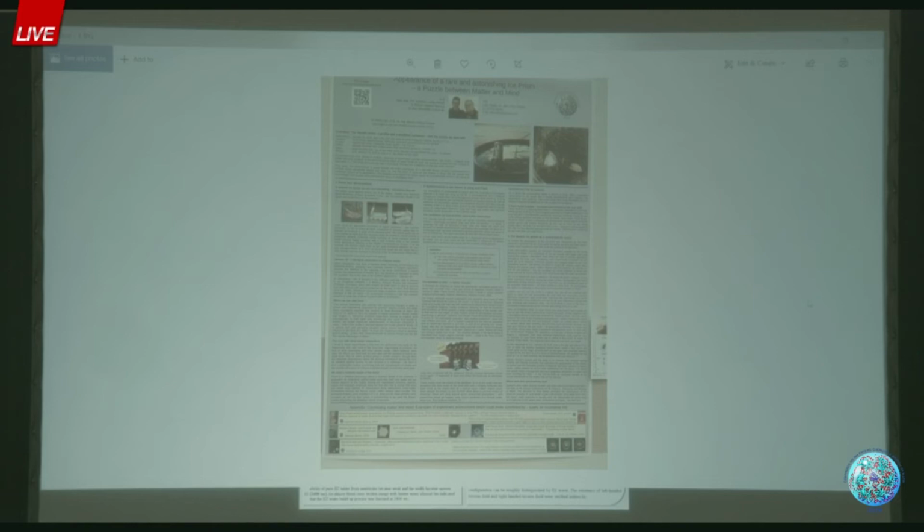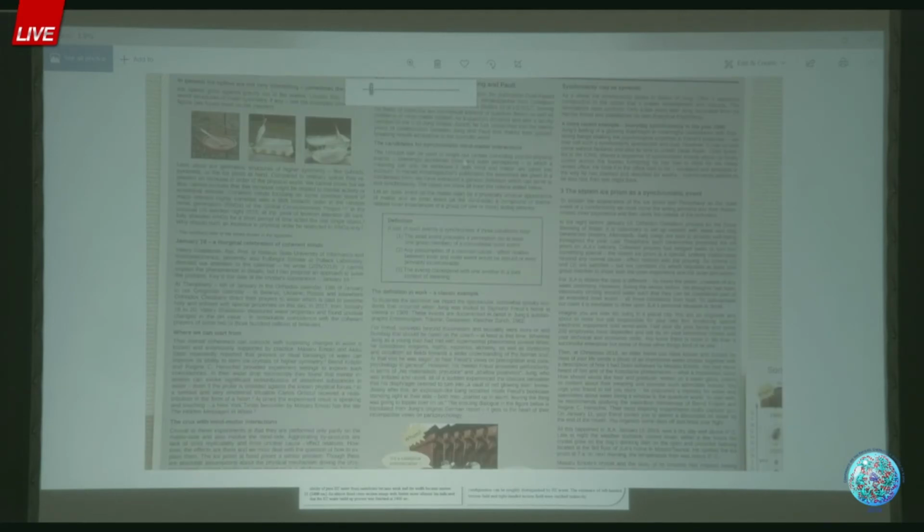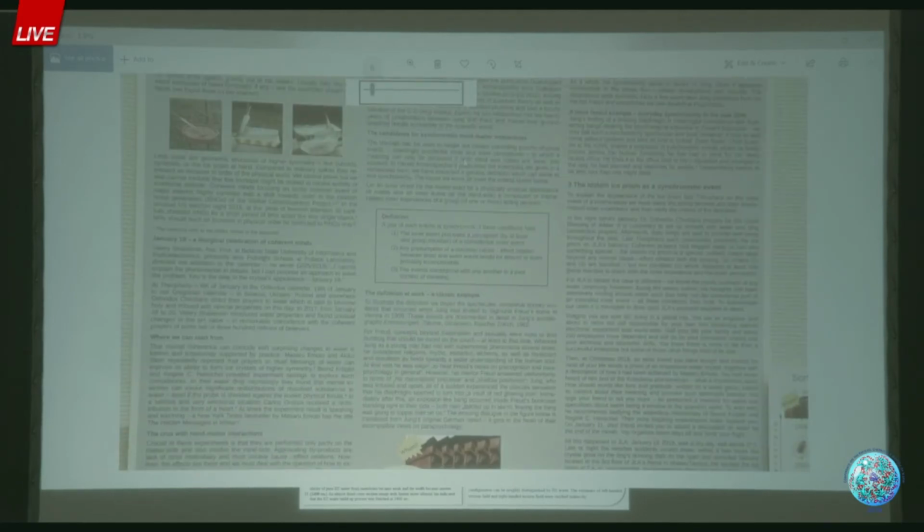And this is what we discuss in the left column of our poster: why we assume a mind-matter action.